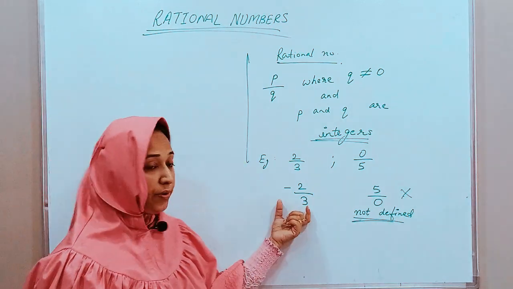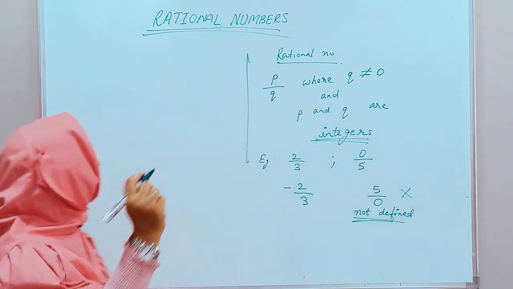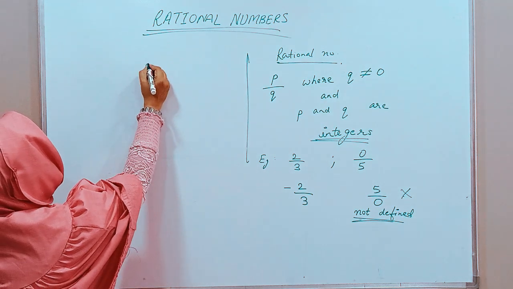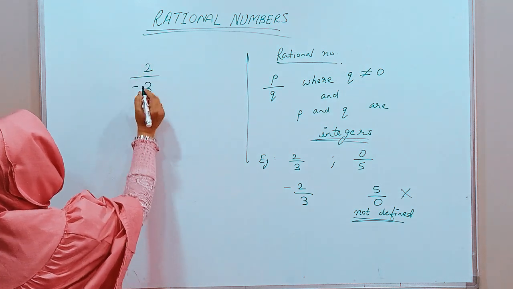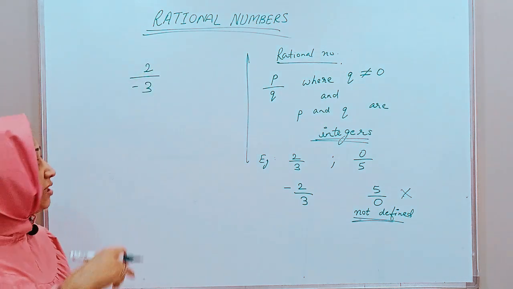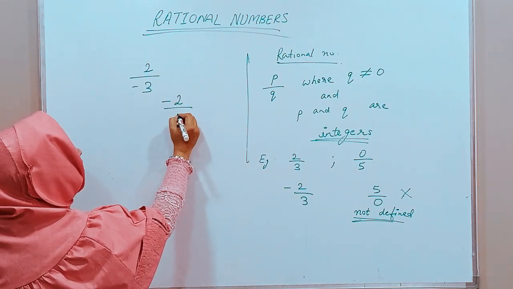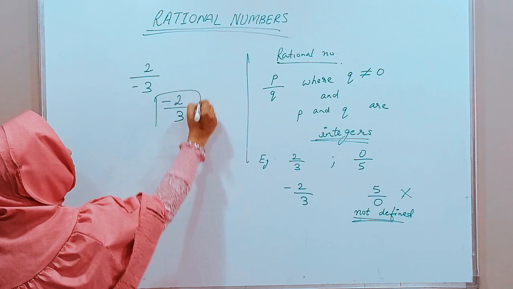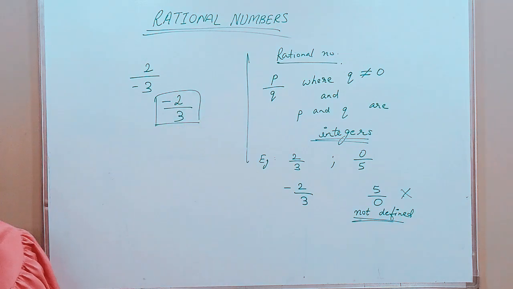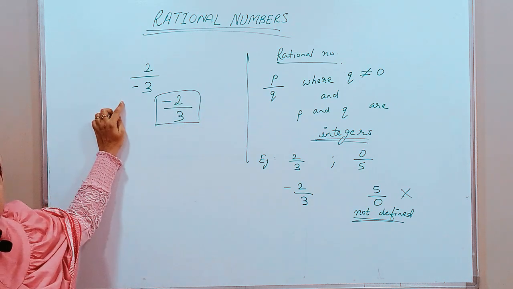If we have any number which has a negative sign, so if we have a rational number 2 upon minus 3, this is not the standard form. The standard form says that the negative sign must always come in the numerator. So minus 2 upon 3 will be the standard form for the number 2 upon minus 3.